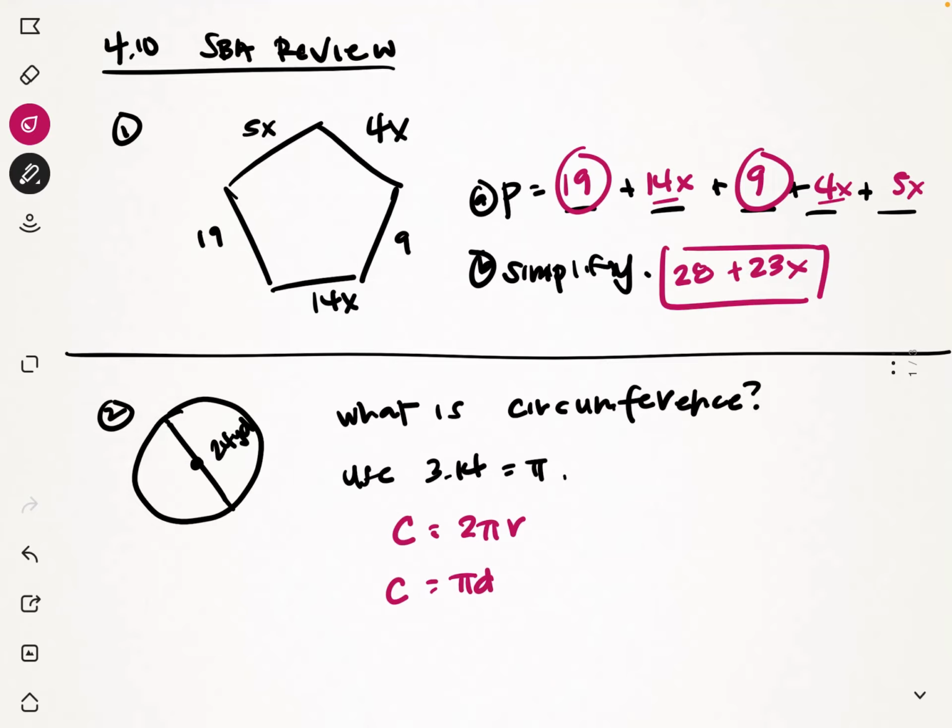Remember, the diameter is the line that crosses through the center and goes from one side of the circle to the other side. So it's just going to be 24 times 3.14, which is 75.36.